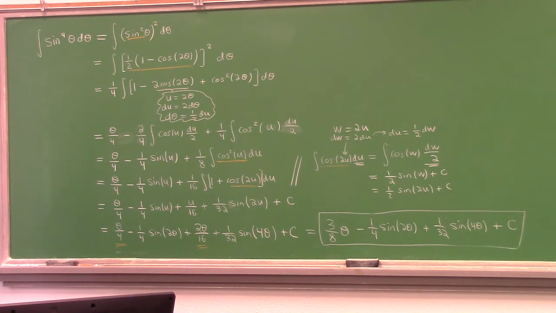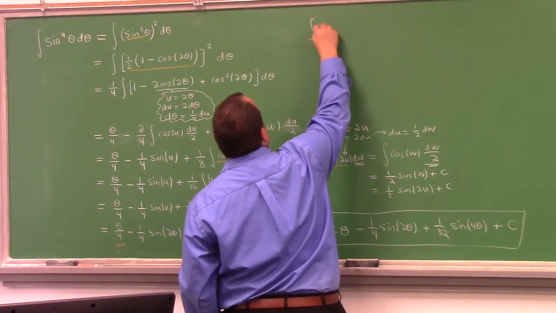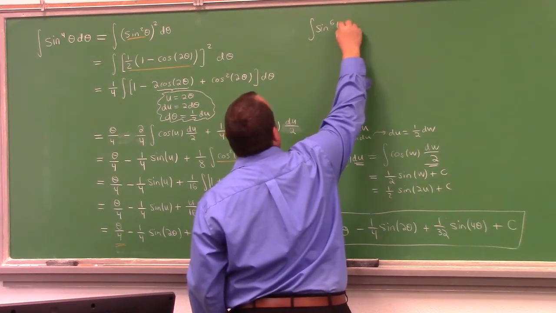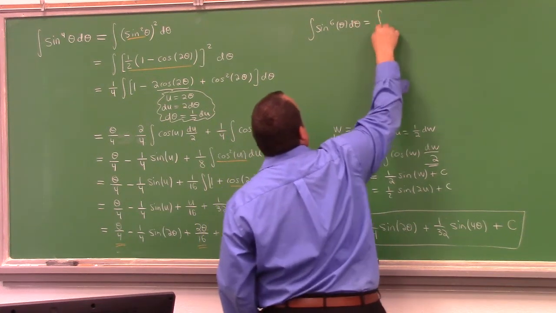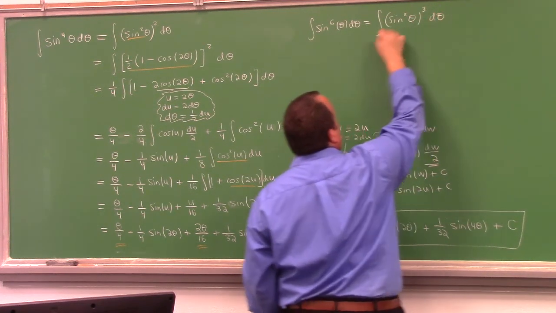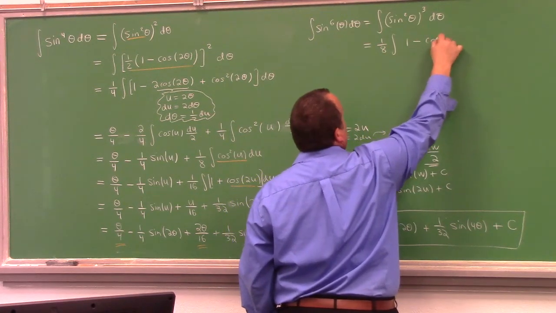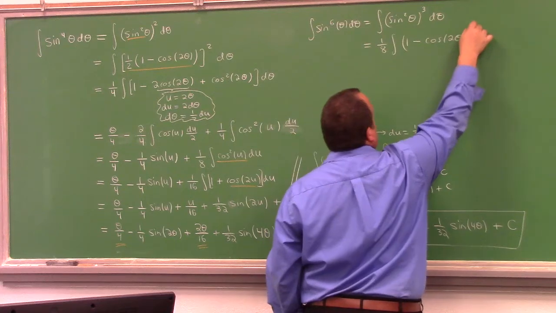But as horrible as it is to even talk about this, if I was to ask you to integrate the 6th power of sine, you should kind of see how to do it, right? I'll start it. I'm not going to finish this, don't worry. So this would be the integral of sine squared cubed, and so that's like 1/8 integral of 1 minus the cosine of 2 theta cubed.